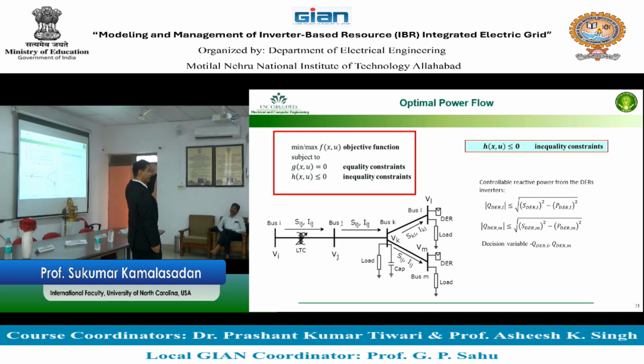There is a big discussion that I gathered when I was in Bangalore, that in India, which inverters need to be smart and which inverters should not be smart. And how do you control the reactive power from the inverter? There are some discussions going on. So you could use this optimization method to set how much reactive power should come from the inverter at a given point in a power grid.